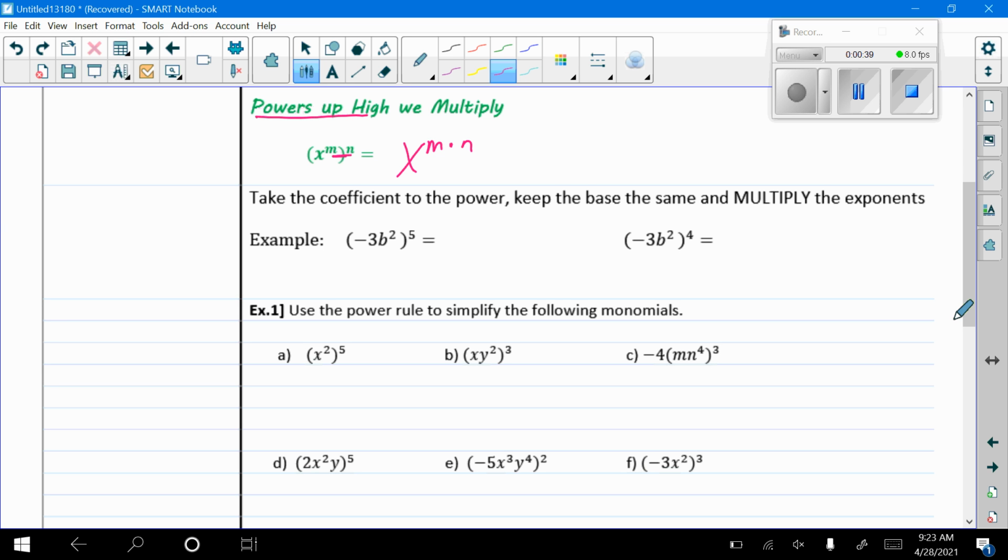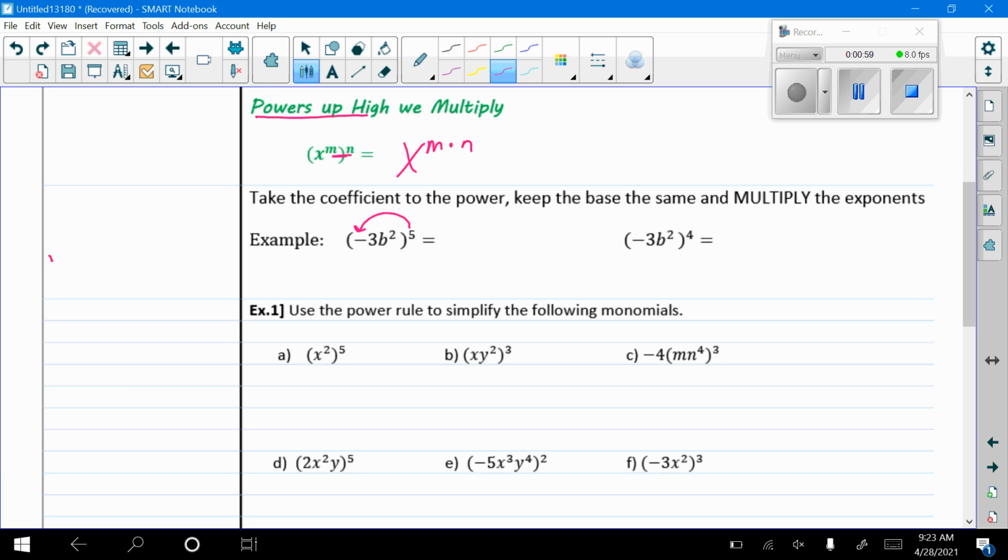However, pause, don't write anything down for just a moment, and try to watch me go through it, and then pause it, maybe even rewind it and come back and try it on your own first. So with that being said, I've got 5, and this has to be distributed to every item, including that negative. That means 5 negatives.